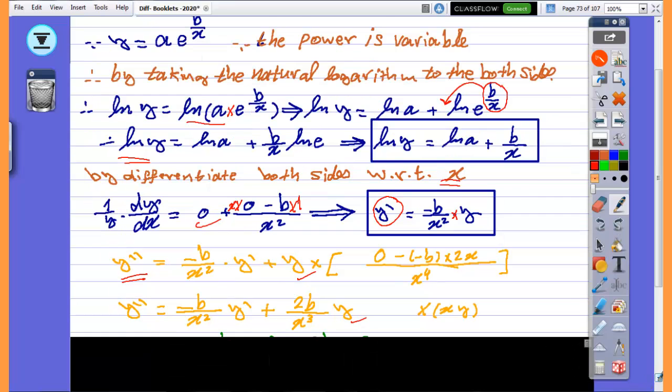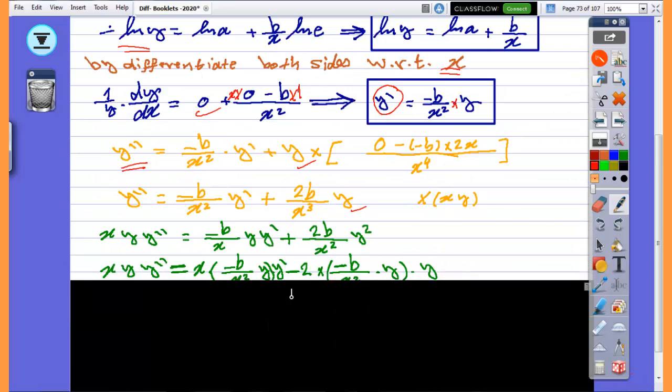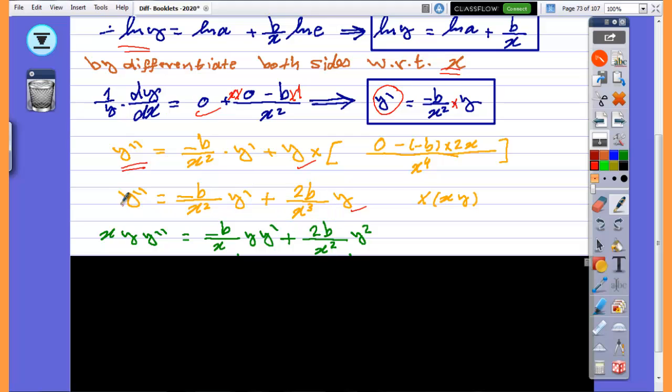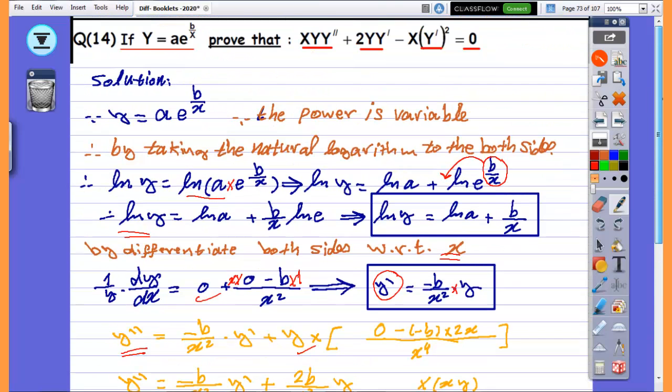Now to simplify this relation, we will multiply the two sides by xy. Why? Because the required result contains x y y double dash, right?